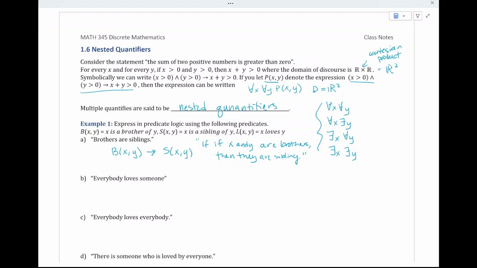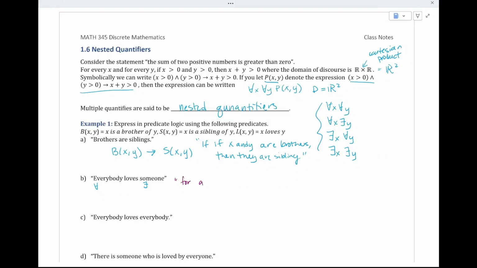All right, next one, everybody loves someone. I'm going to start to see some quantifiers here. Everybody is going to be for all, and somebody is going to be there exists. So let's maybe write this out in words before we write it out with symbols. Everybody loves somebody.